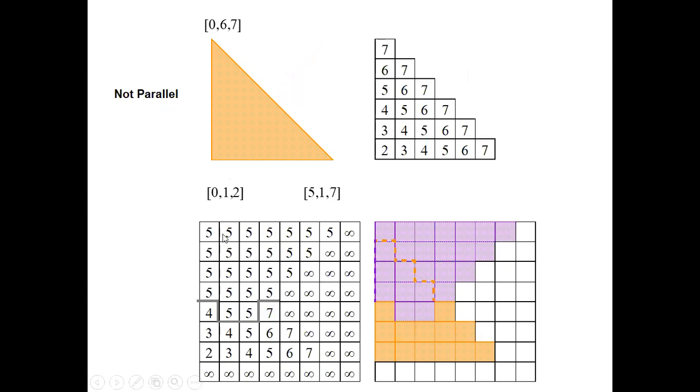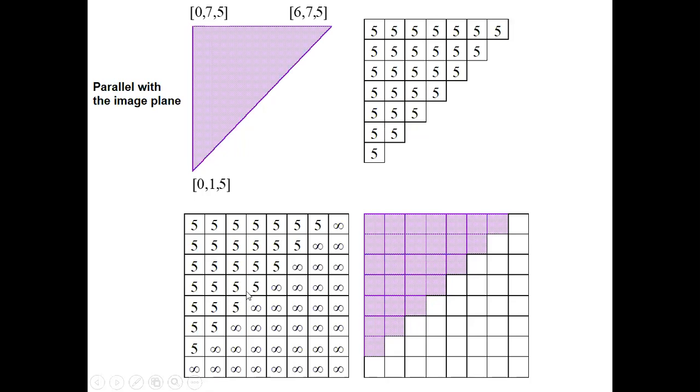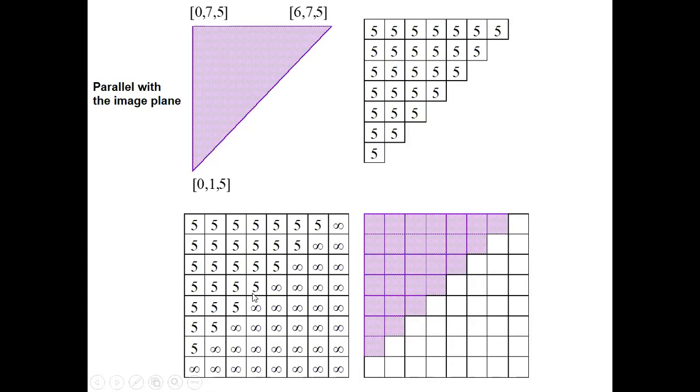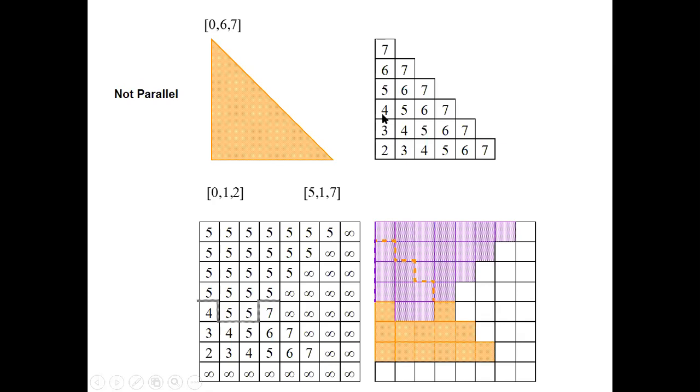Fourth row, it is all 5s: 4 5s and 4 infinities. Here, 4, 5, 6, 7. The 5, 5, 5, 5 here will be compared with 4, 5, 6, 7 here. Now comes the magic. This 5 is compared with this 4. Which is lesser? 4 is lesser. So replace the old 5 with 4.